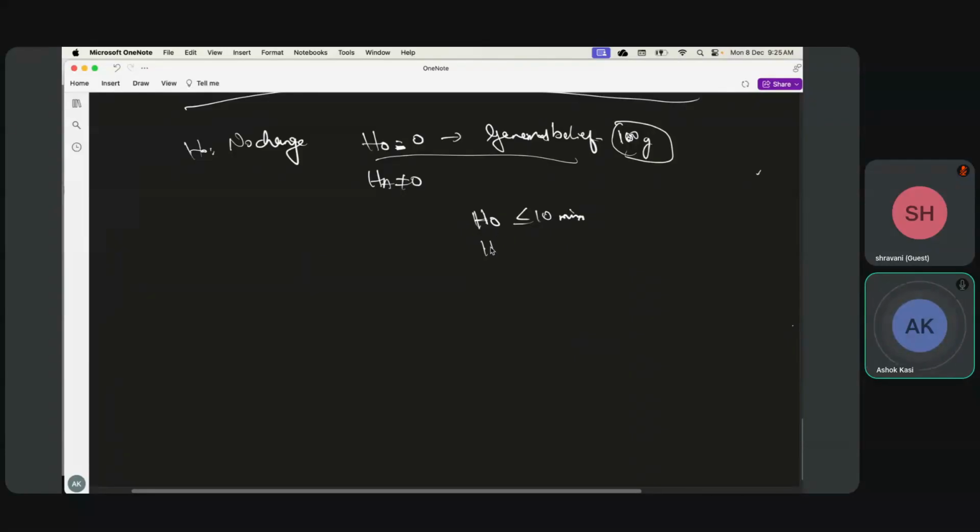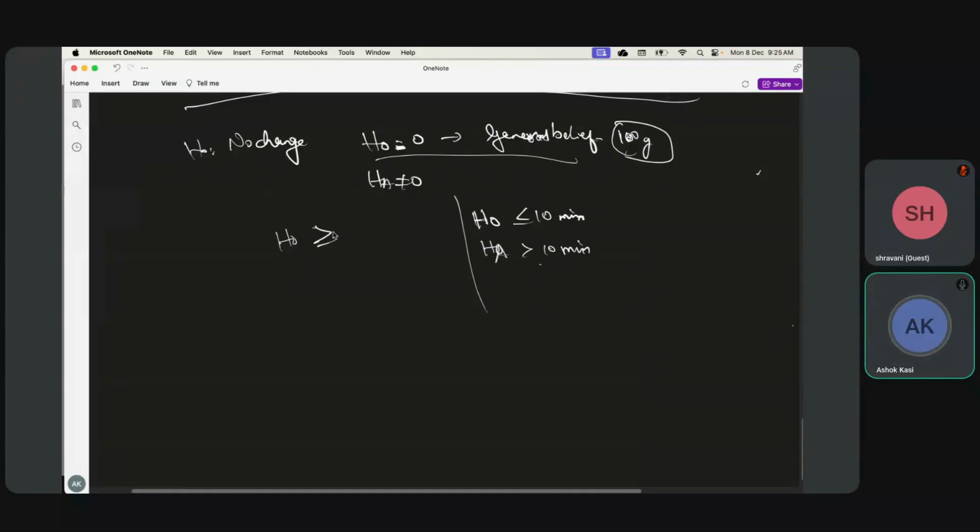Alternative will be greater than 10 minutes. Then the null can even be greater than or equal to also.